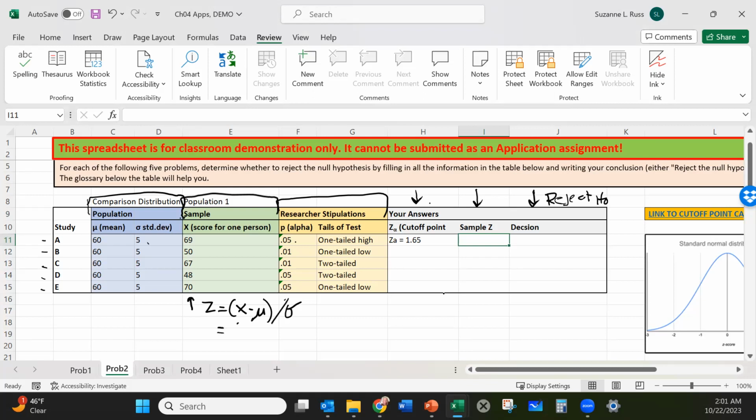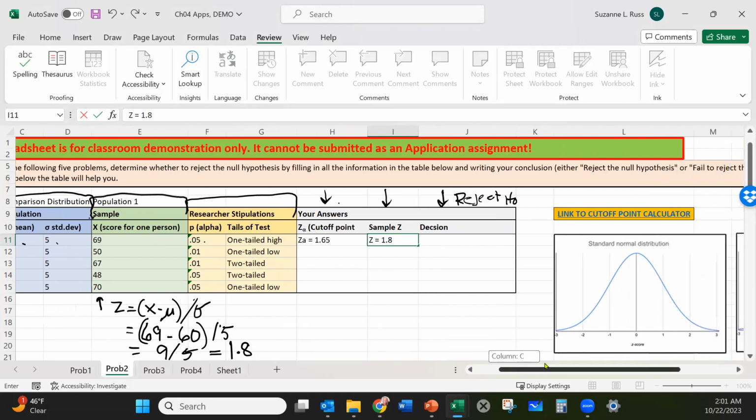We have in our first study A, we have 69 minus the mu of 60. And we divide by the standard deviation. And that brings us to 9 divided by 5, which equals, if you work that on your calculator, 1.8. So let's go ahead and solve the problem. Let me write the sample z-score in here. Z equals 1.8.